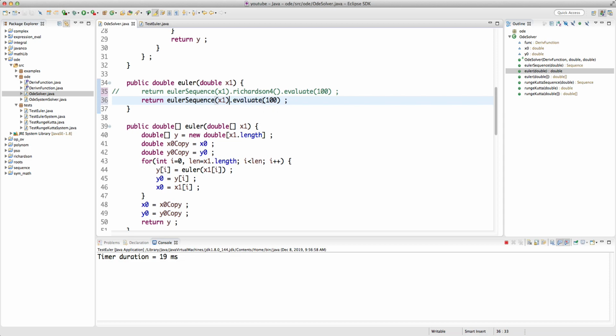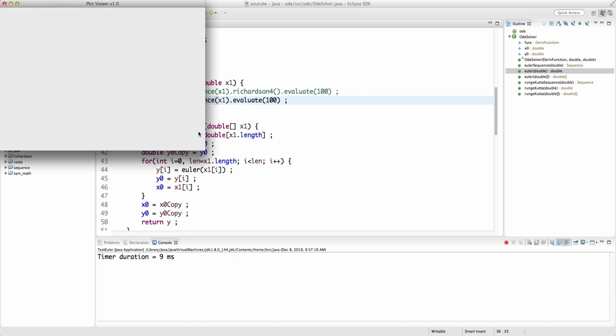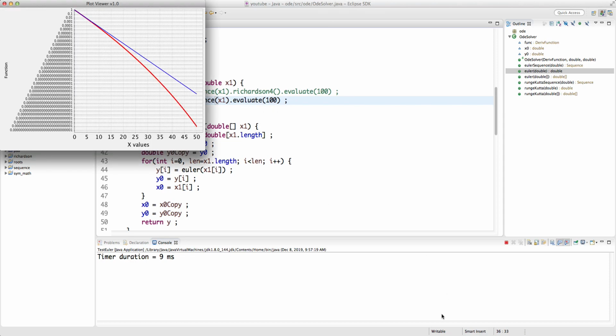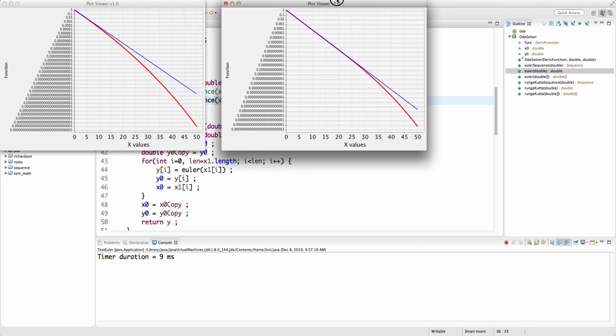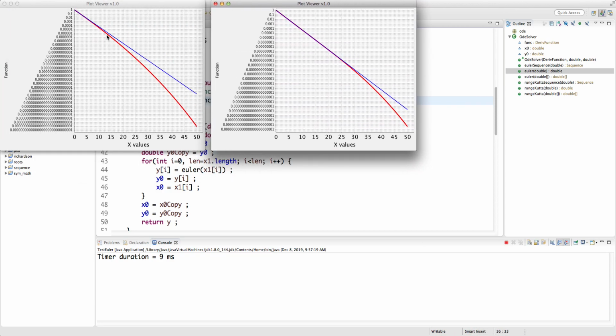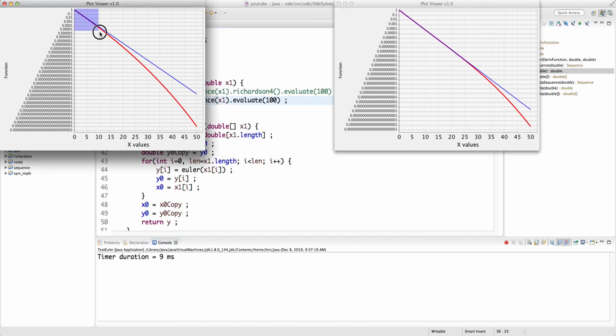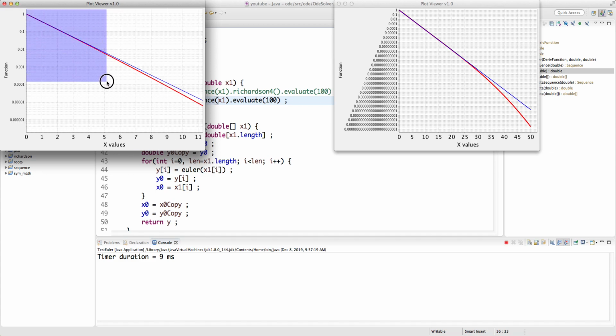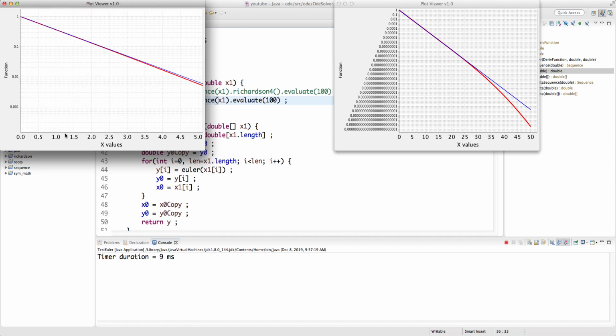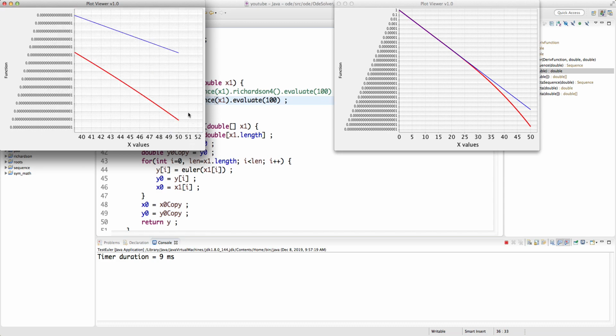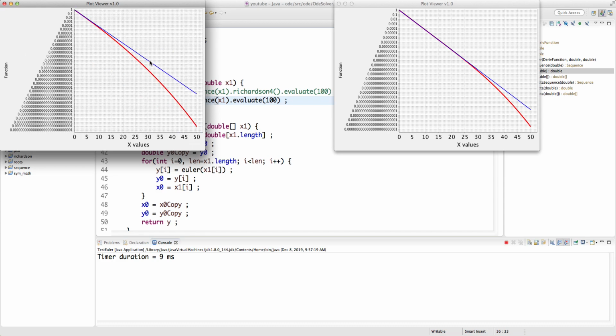So this is the original Euler solution without any acceleration, calculated at the 100th term of the sequence. As you can see, it's only good for small values of x, like 1, 2. At 50, the error is very large.